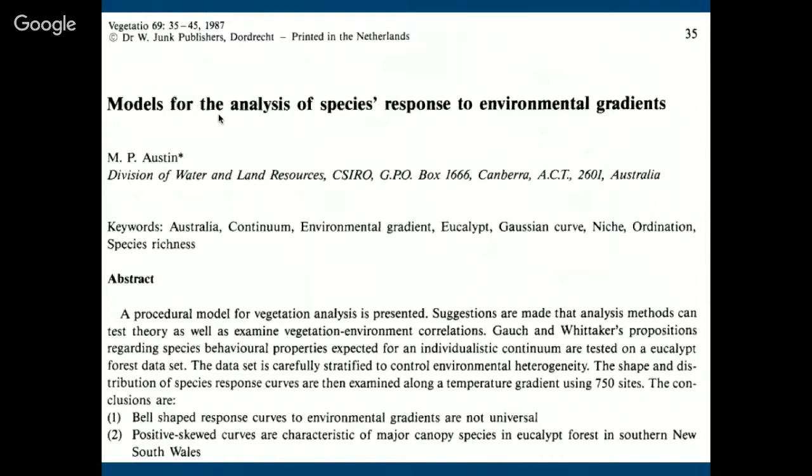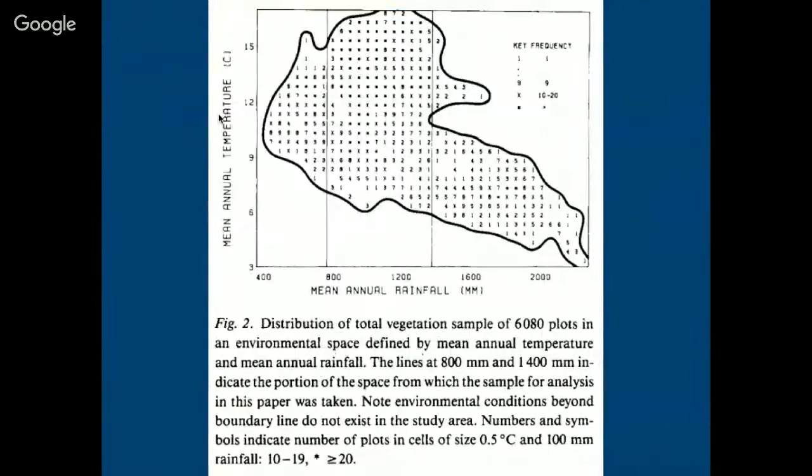Here's an early paper by Austin. He took advantage of a vegetation sampling program with 6,080 plots across an environmental space, and you can see a temperature rainfall plot here. The numbers in this grid are the numbers of samples taken of each of these environmental combinations.